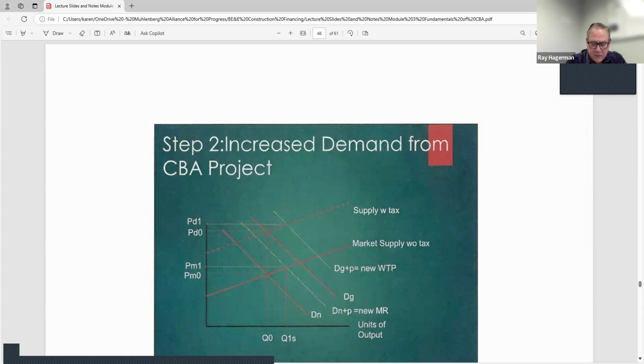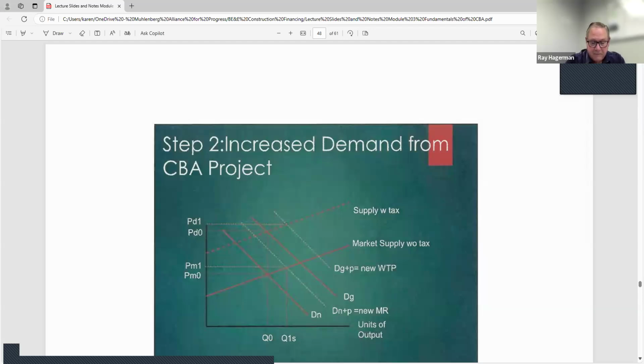The after-tax or the marginal revenue curve will move right as well as the after-tax demand curve, as you can see. These new curves are shown as DN plus P, so the yellow hatched line, and DG plus P, right? So you actually end up adding a new color so that you can sort of see how this shift happens.